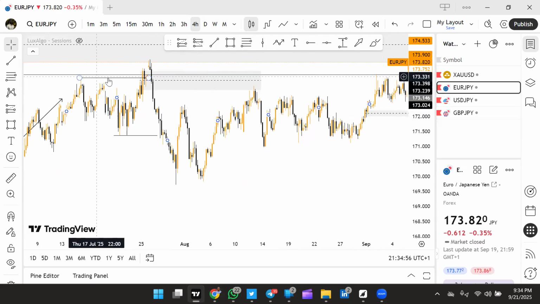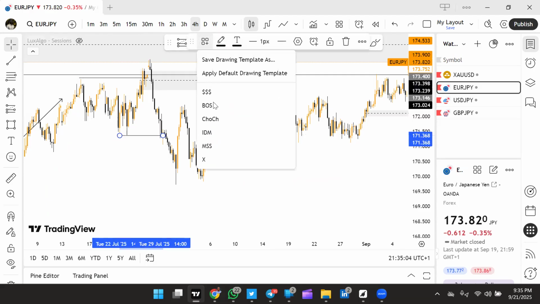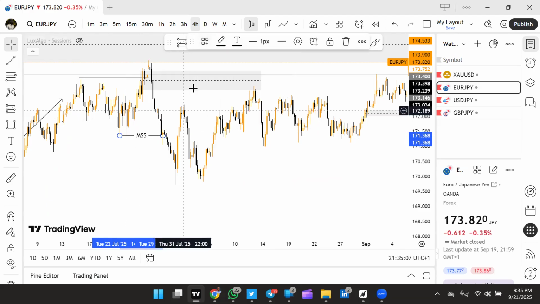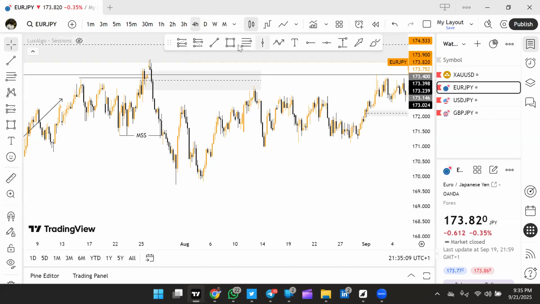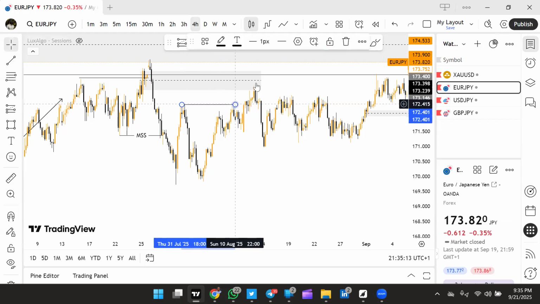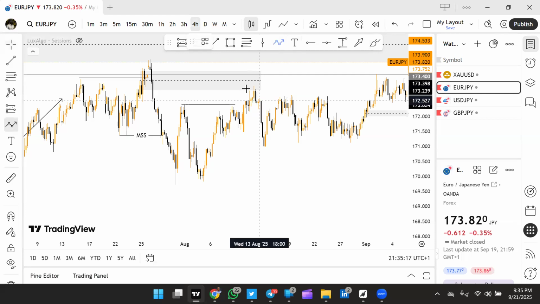So you can see that zone here. This high I marked out on the daily time frame, on the 4 hour time frame you can see it as a sweep. Then the market sharply changed and gave us a structural shift, market structural shift, inducements, and then what? What do you see happen? Market tapped into our POI and began to fall, right?